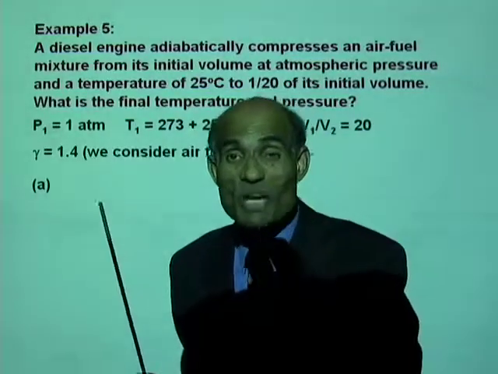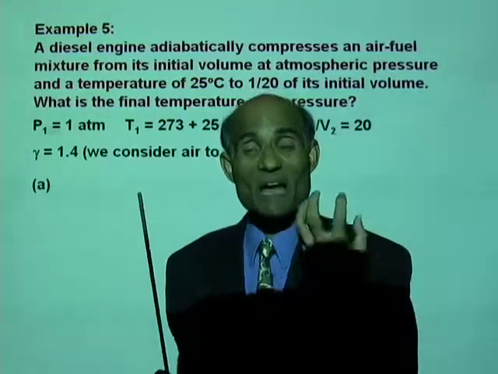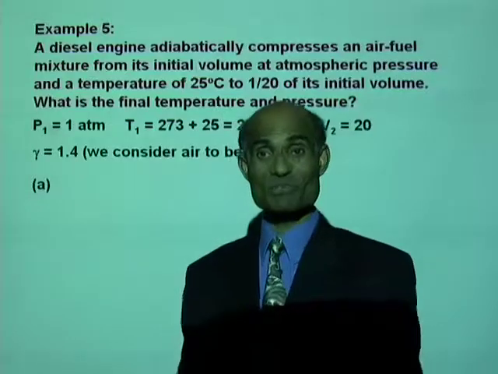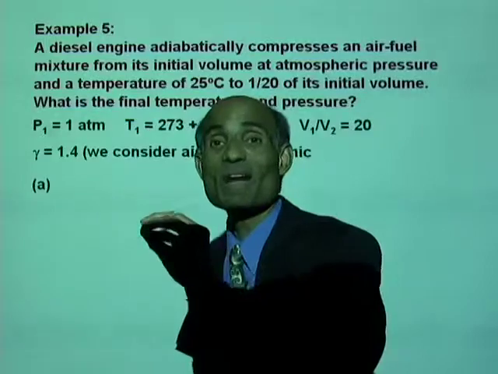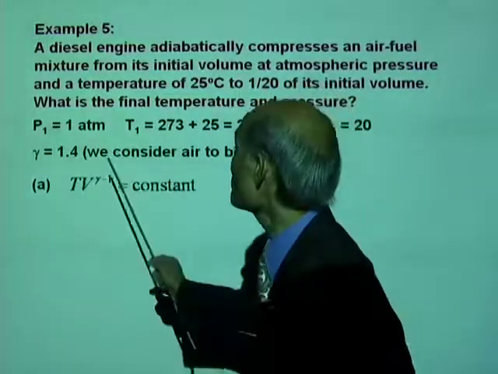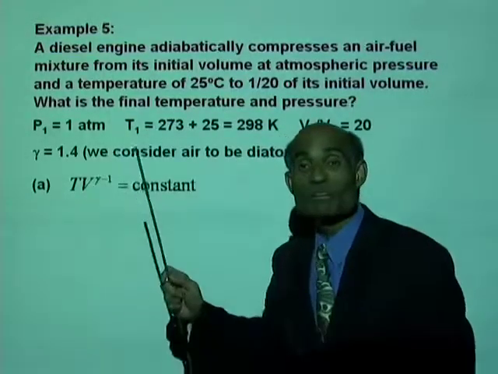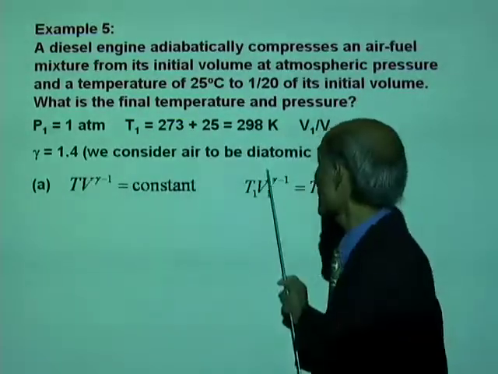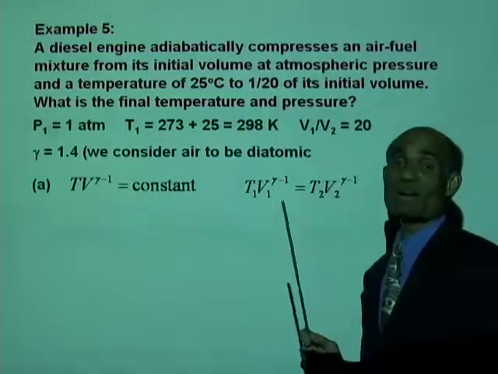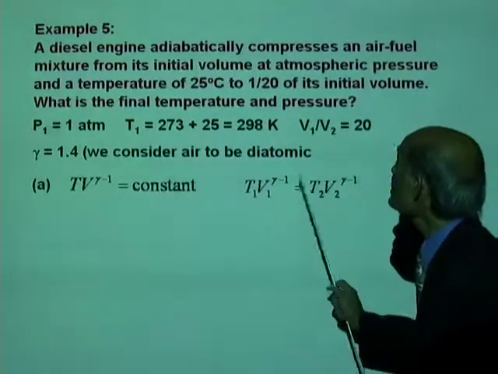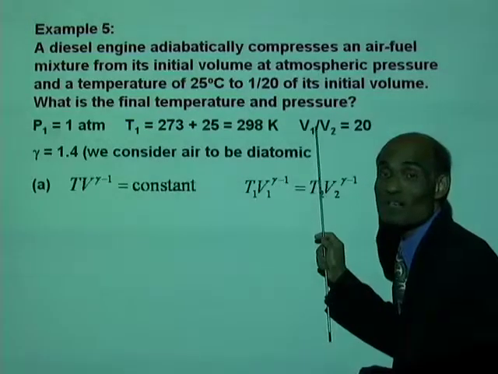To find the final temperature, we take the equation that contains the temperature. What is the adiabatic equation that contains the temperature? T V to the power of gamma minus 1 is a constant. It means T1 V1 to the power of gamma minus 1 equals T2 V2 to the power of gamma minus 1. And we need to write this equation so that it contains V1 over V2.